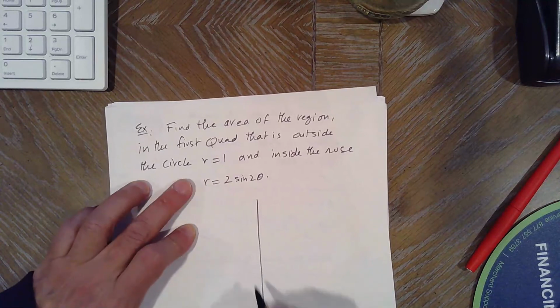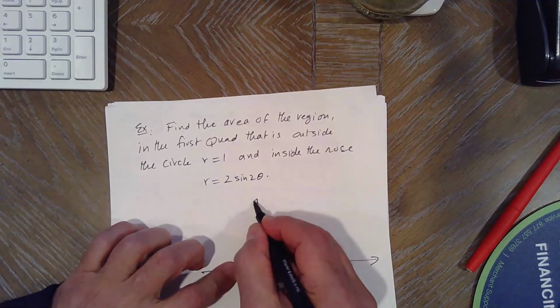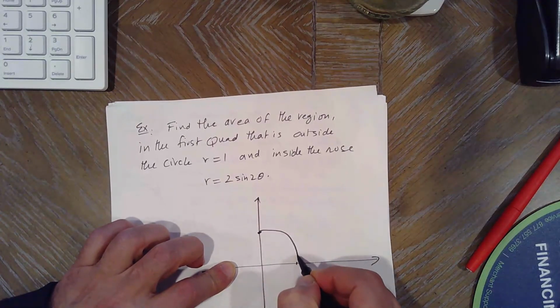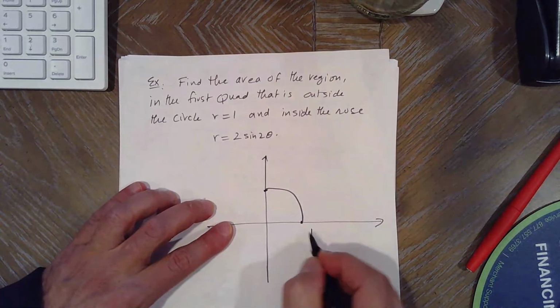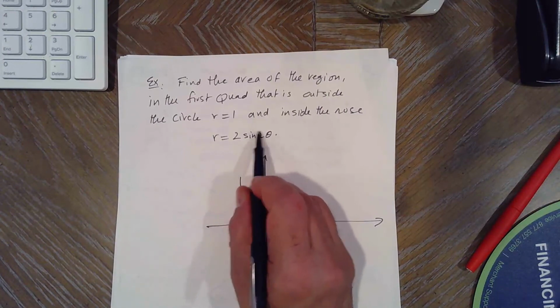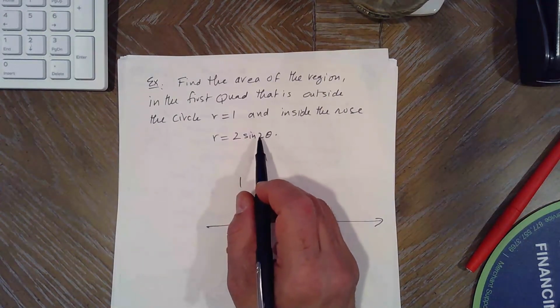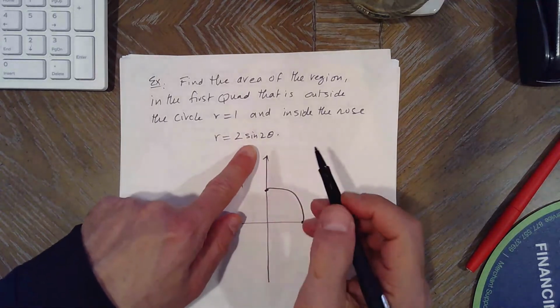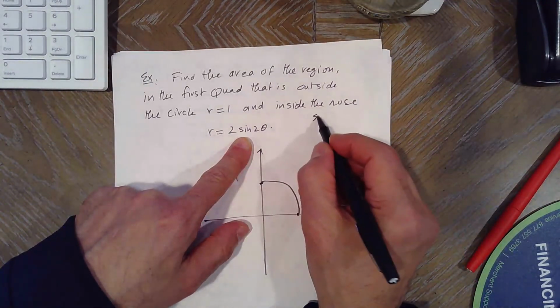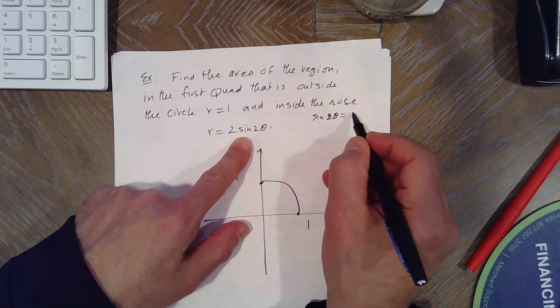In the first quadrant, r equals 1 is a circle centered at the pole, radius 1. So it's something like this. That's r equals 1, and that's a rose. Because the 2 is even, it's going to have twice as many petals. There should be one at pi over 4, because sine 2 theta equals 1.